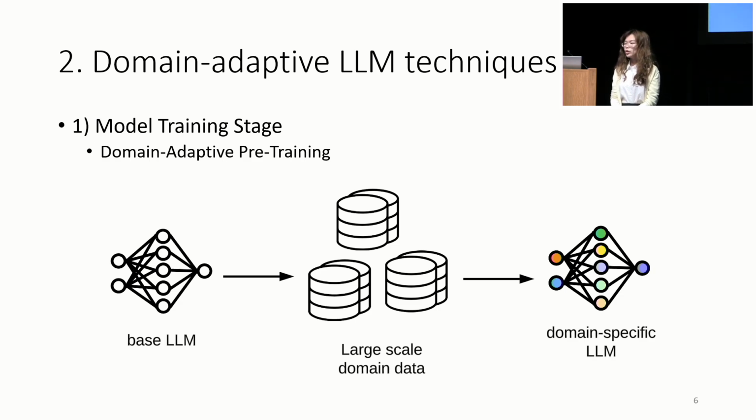In the model training stage, you can either train from scratch, or you can train an existing general purpose foundation model but integrate your domain adaptive dataset. Given the base LLM, you need to collect a huge amount of domain data, and then you can get your domain adapted pre-trained foundation model.